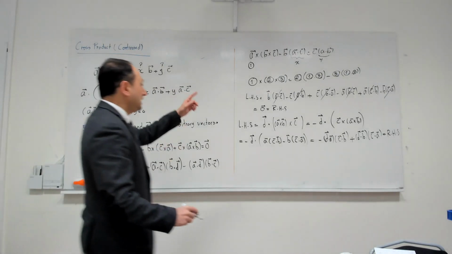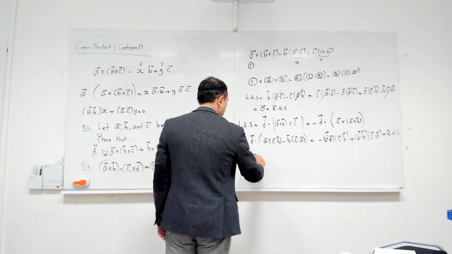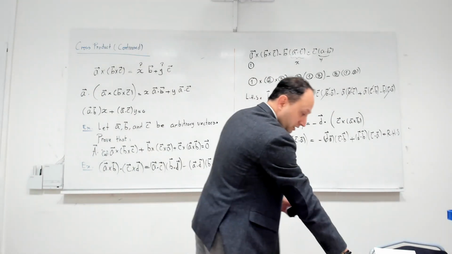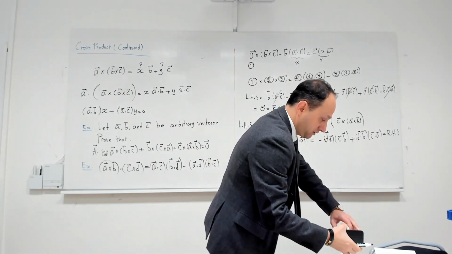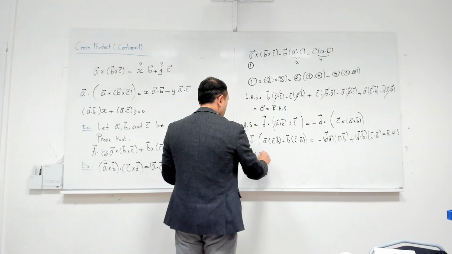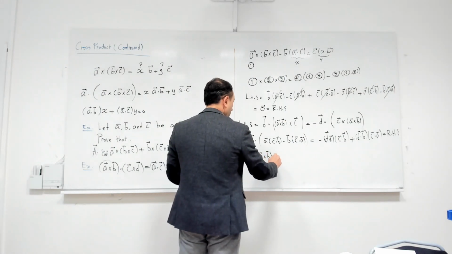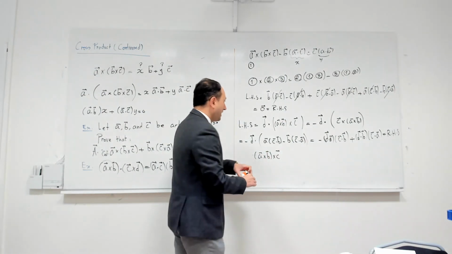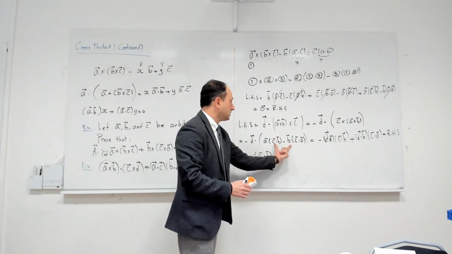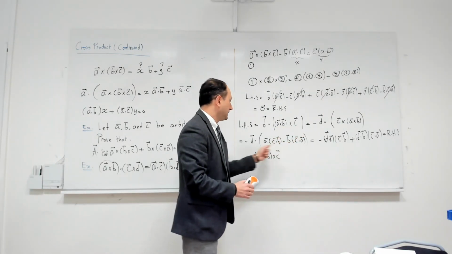So here, A cross B, it is on the board, so let me not write it. Oh, sorry. A dot, and if I ask you what is A cross B cross C, we also have it on the board. A cross B cross C, we did it here. Yes, that was the answer. Oh, with negative sign, sorry.